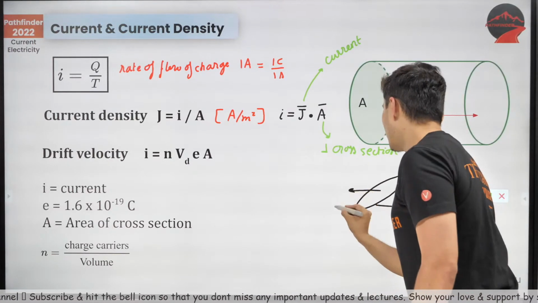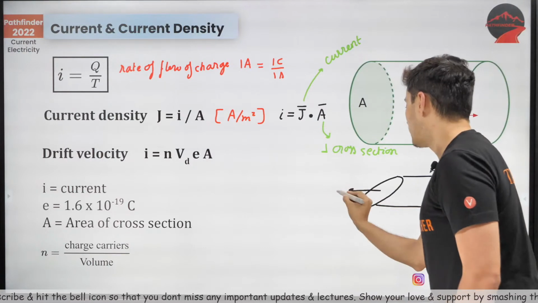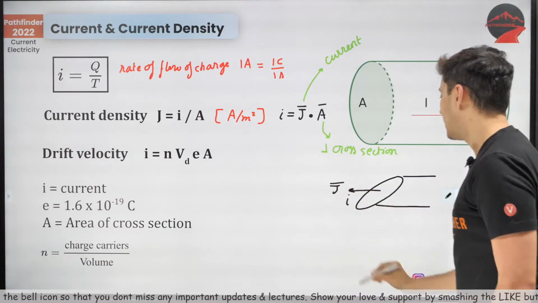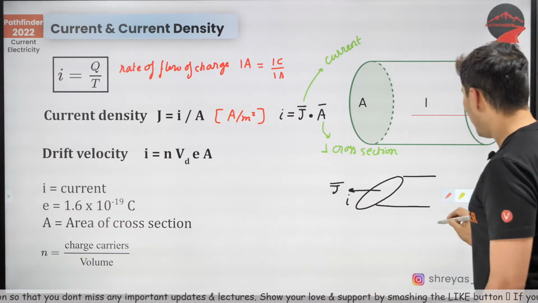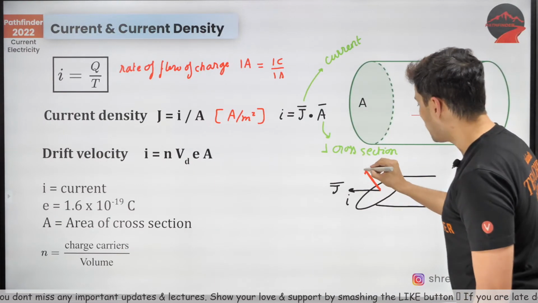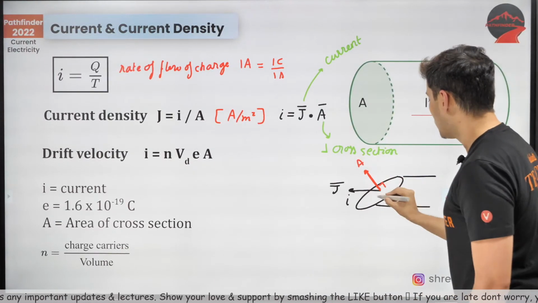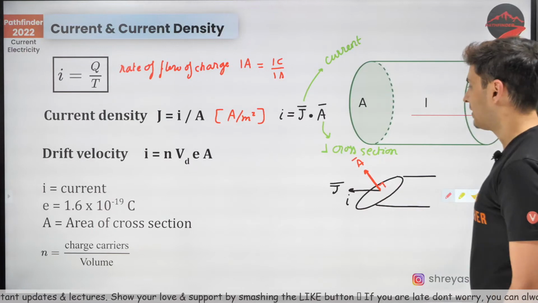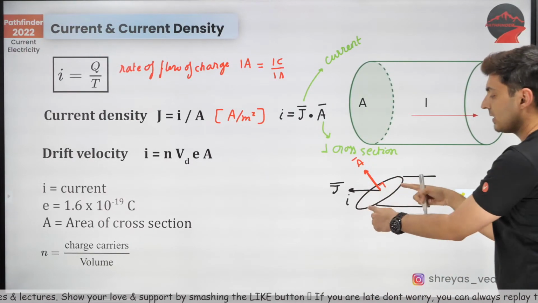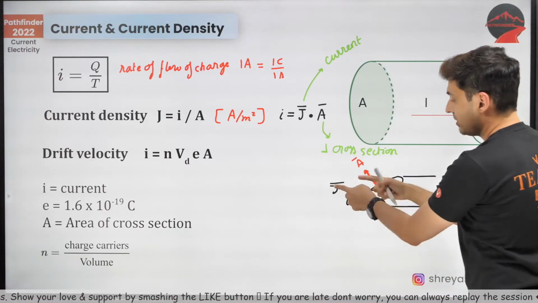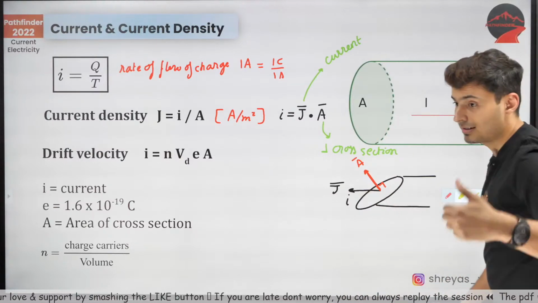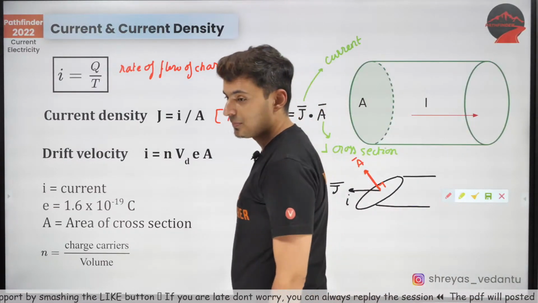The current might be flowing like this. If the current is flowing this way, J vector will also be that way. But the area vector will be perpendicular to the surface. So this is area vector. So area vector is always perpendicular to the surface. Current is always in the direction of current density. I hope this is clear.